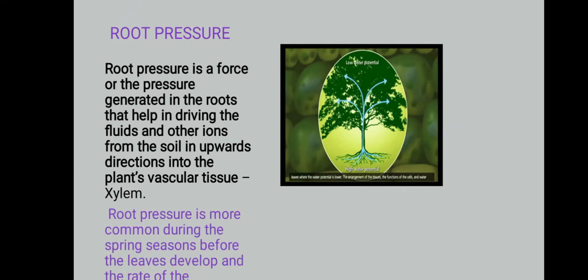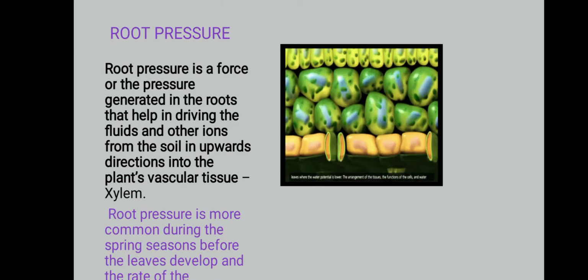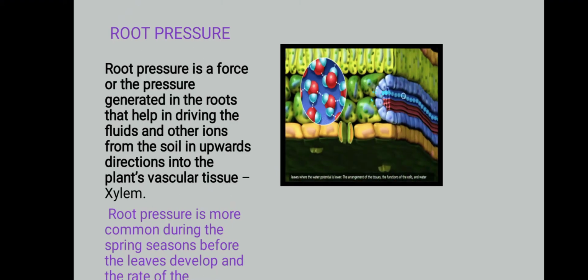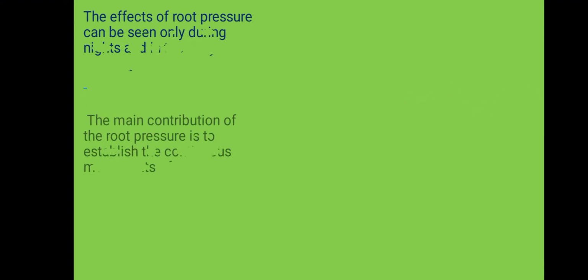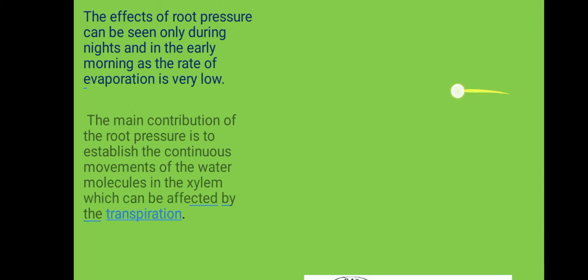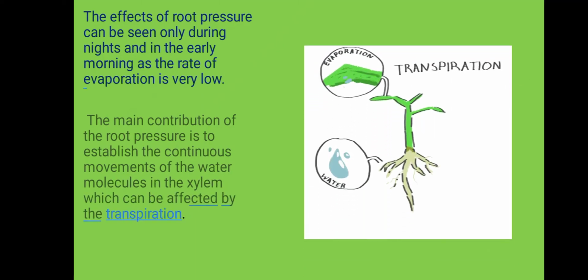Root pressure is more common during the spring season, before the leaves develop and the rate of transpiration increases. Now, the effects of root pressure can be seen only during nights and in the early morning, as the rate of evaporation is very low.